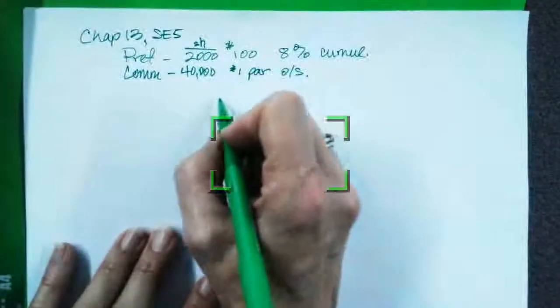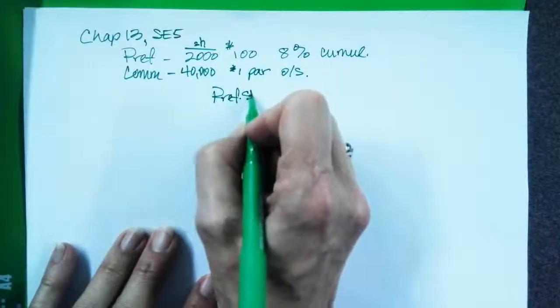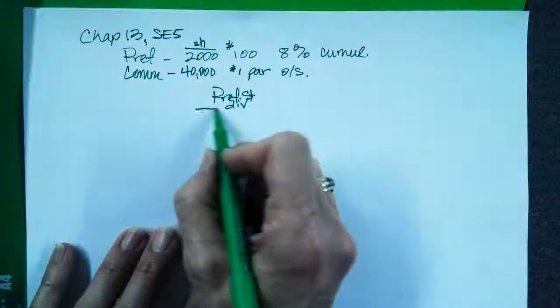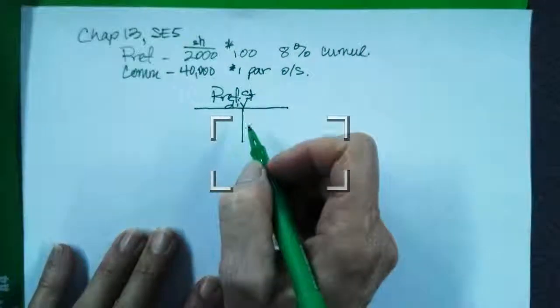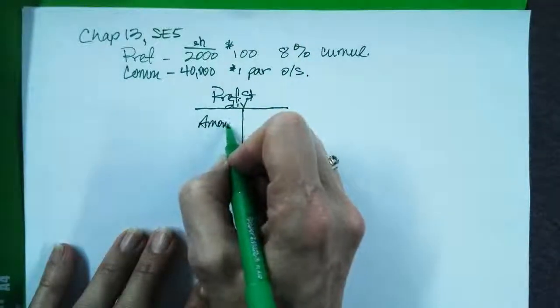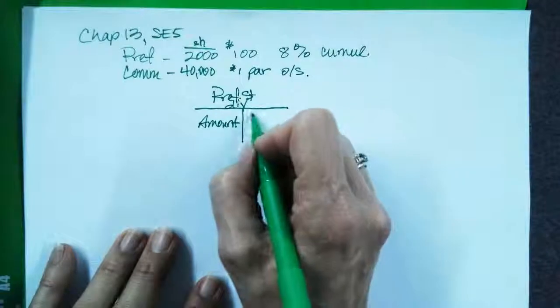So I've got preferred stock dividends, and I've got the amount and what that works out per share.